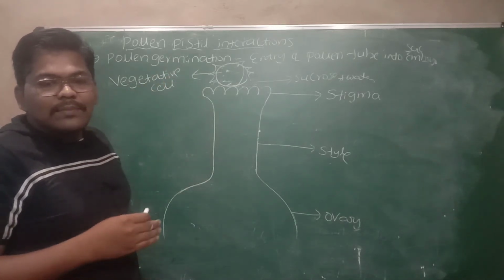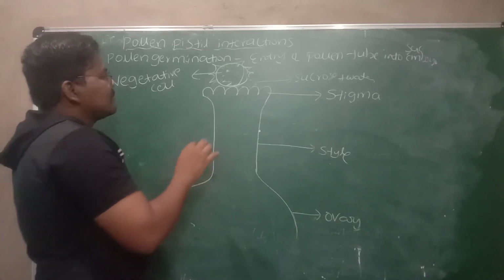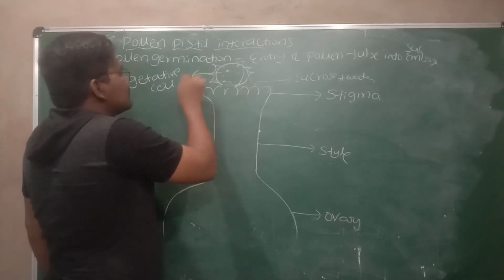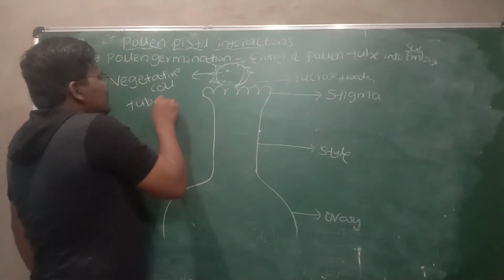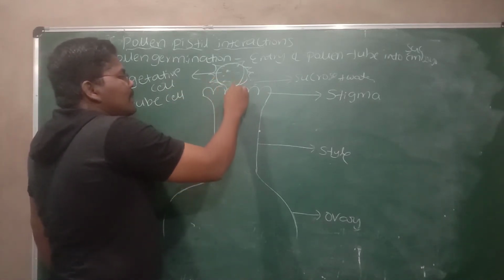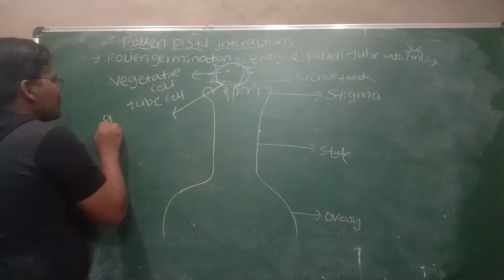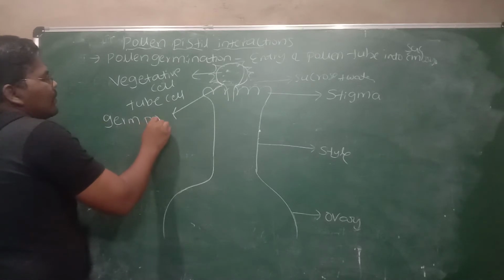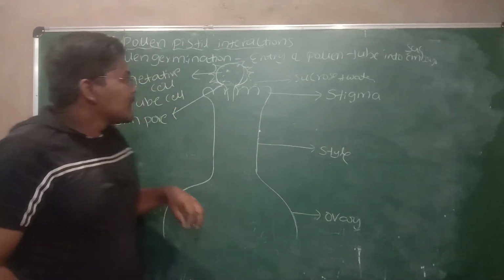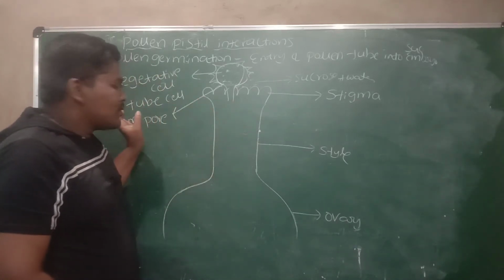Because of absorption of water and swelling of the pollen grain, the large cell, that is the vegetative cell, also called the tube cell, will come outside from the pollen grain through the germ pore. What is the germ pore? There is a region of the pollen grain where exine is absent and intine is present, which is called the germ pore.